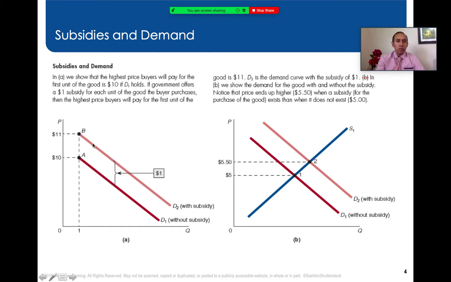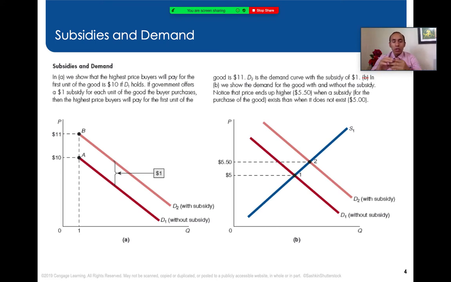And this subsidy demand increases by $1, or an increase in demand has to do with the increase in the $1 subsidy, which in this case is the demand curve D2, or demand curve at point B, is higher, and it has raised the price by $1 here. And the consumer, if that one consumer buys that 1 unit, is going to buy it now at 11. The higher price in this case is now reflected because there is a subsidy, a $1 subsidy. There's a shift in demand that has increased or shifted the demand for the good or service by exactly $1.